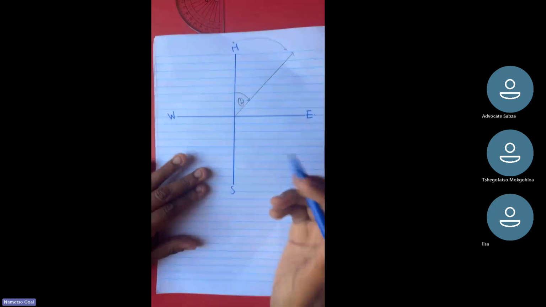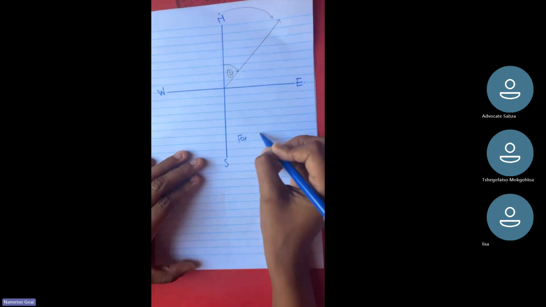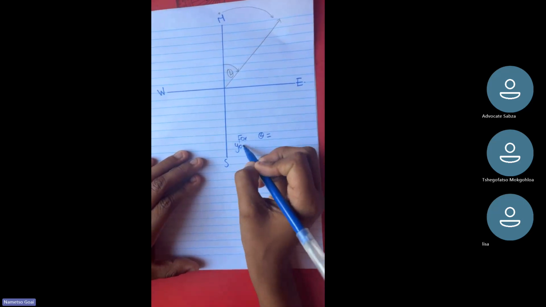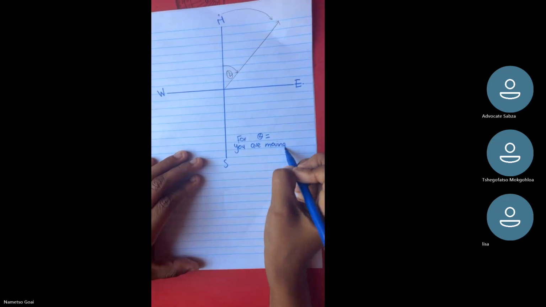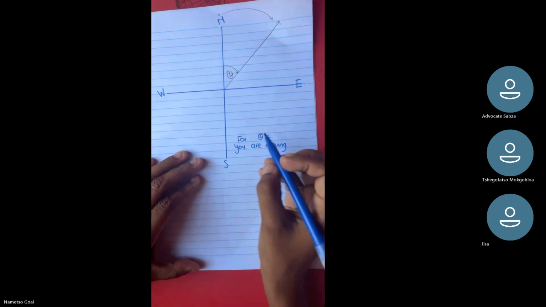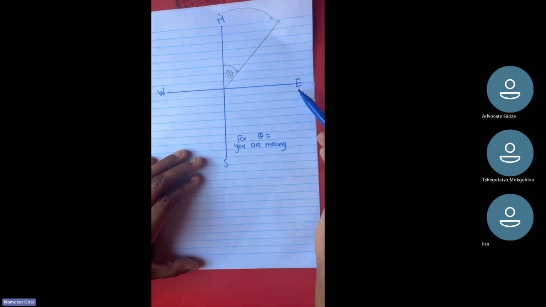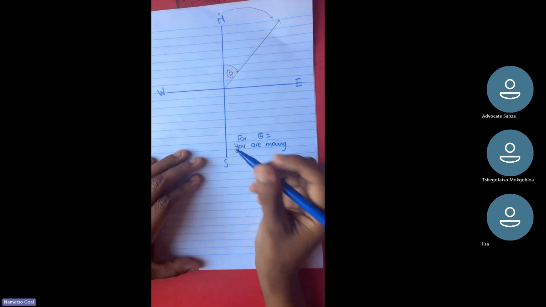So for theta, what's actually happening? You are moving towards the east from the north. So it's going to be what?